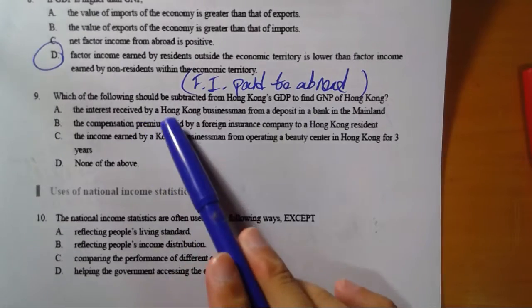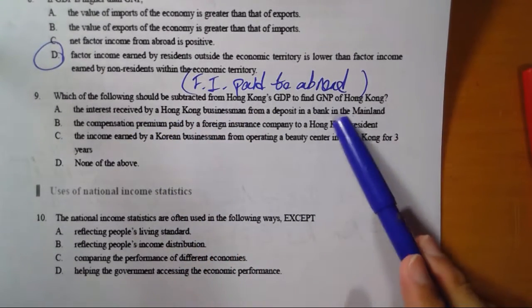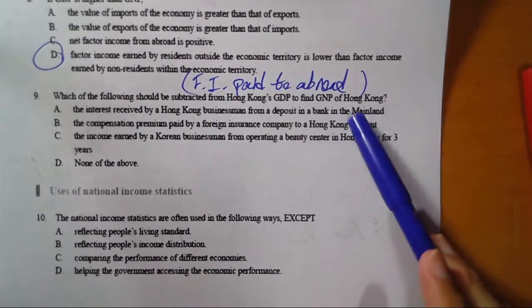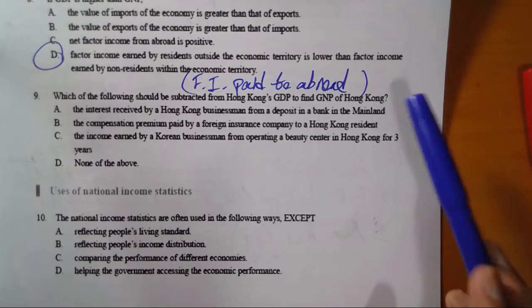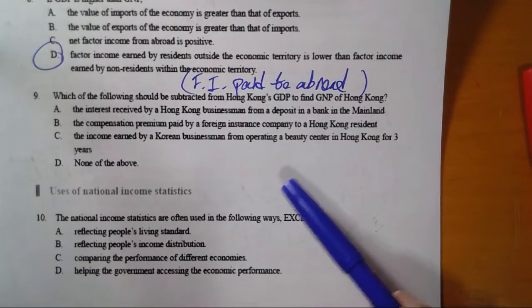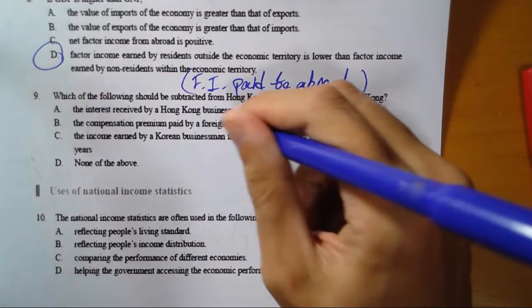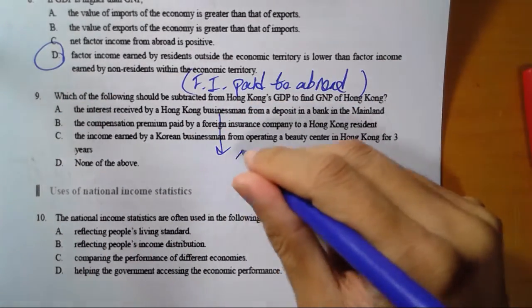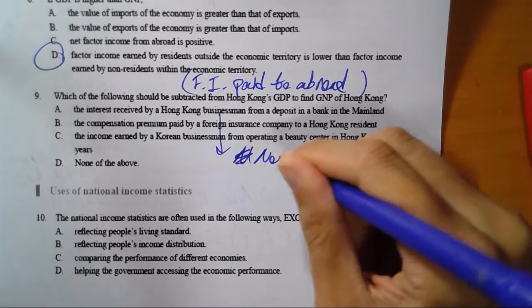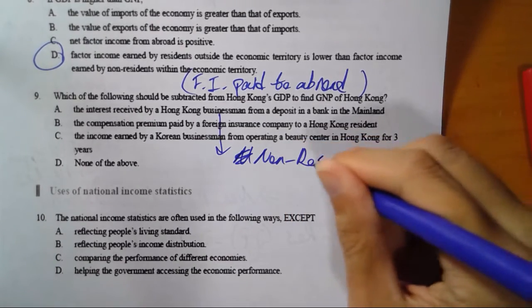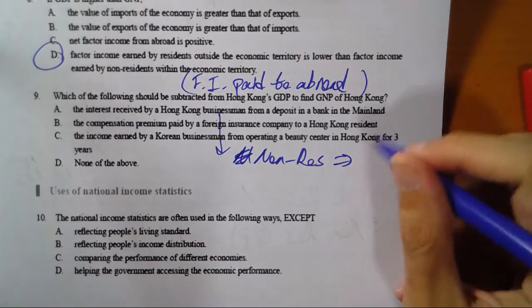Okay, interest received by Hong Kong business from a deposit in a bank in mainland. This doesn't seem like it, right? A bank in mainland. A, okay, we see A. What is going on? A is a non-resident giving money to resident.